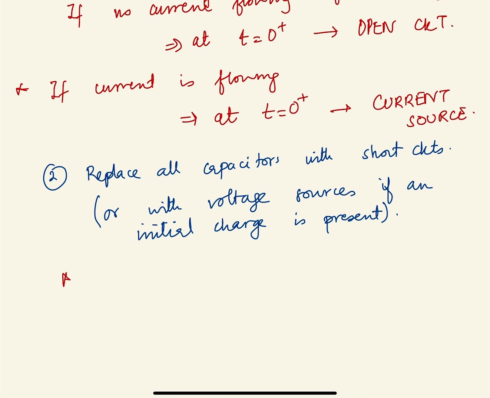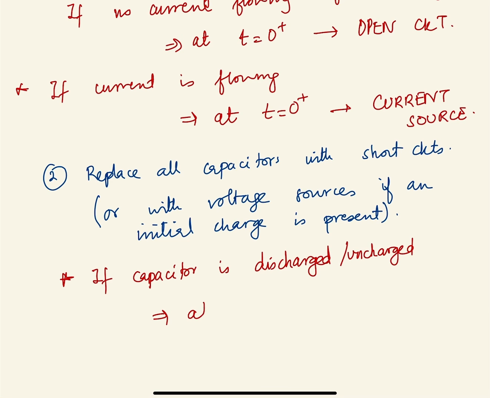Case number one, if the capacitor is discharged or uncharged previously, at t equal to 0 plus, how do we treat the capacitor? We short it, or replace it with a short circuit.